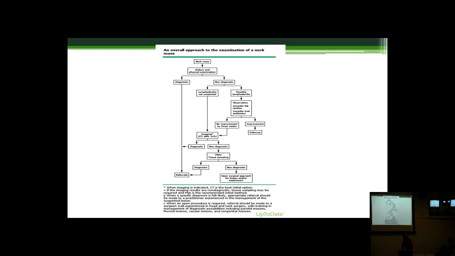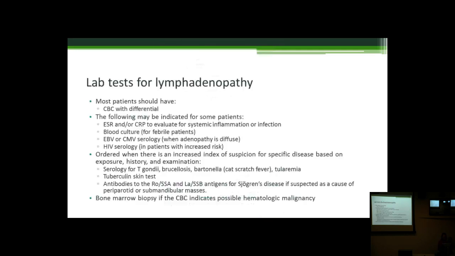Diagnostic options that we're going to discuss now, and what you can do to evaluate that. Okay, so lab tests include CBCs to see if there's any abnormalities that you can find there, ESR, CRPs, blood cultures, any viral serologies and HIV serologies to rule out any of those other medical conditions.